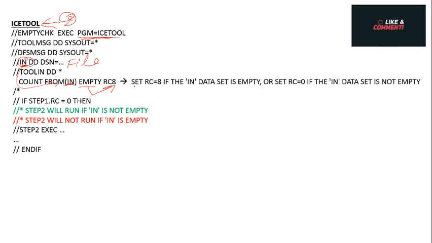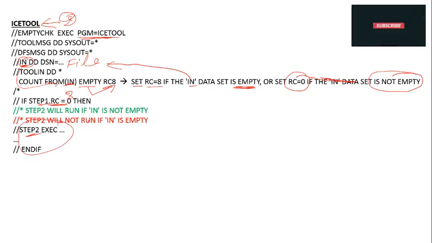I have written: set return code to 8 if the input file is empty, or set RC 0 if it is not empty. Here we can perform the next step based on the return code. If it is 0, then of course step 2 will execute. If it is not 0, like if it is 8, then this step will not run.